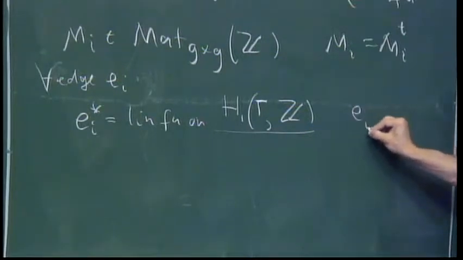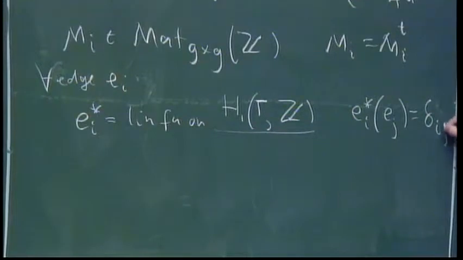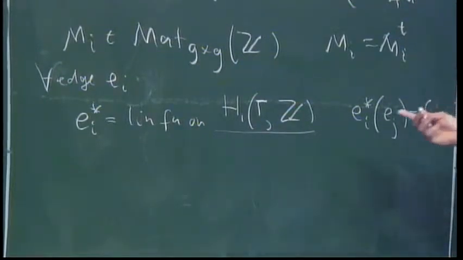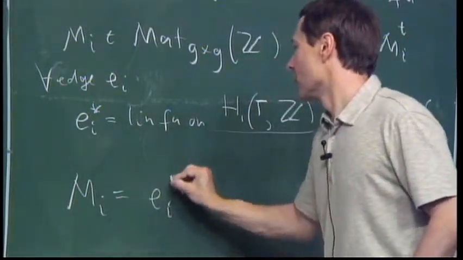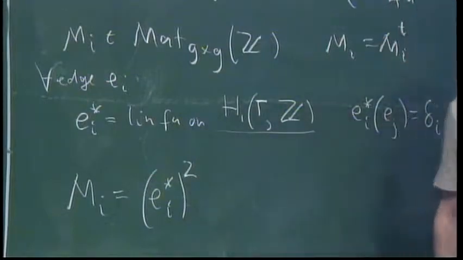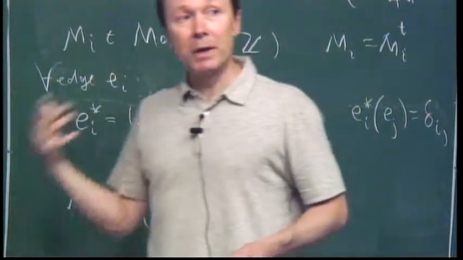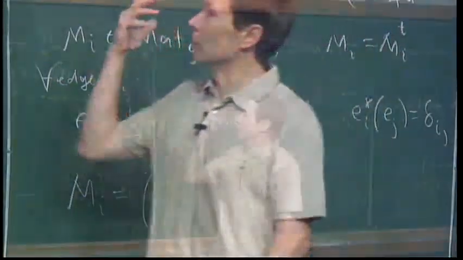And the usual linear function, e_i star on e_j, is the Kronecker symbol delta_ij. So it equals 1 on e_i, 0 everywhere else. This is a linear function on this g-dimensional lattice. And the M_i are just squares of these linear functions. So a square represents a symmetric g by g matrix of rank 1. That's what they are.